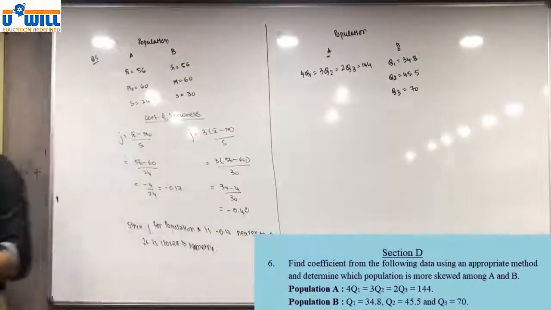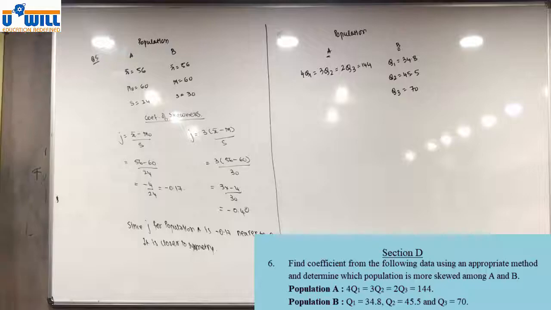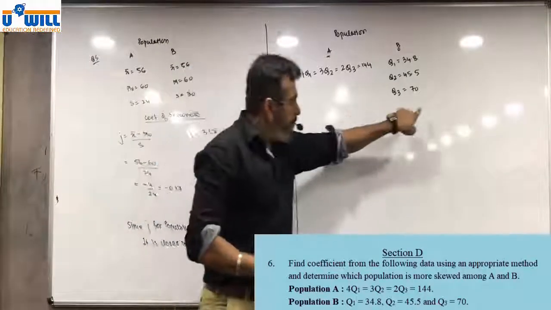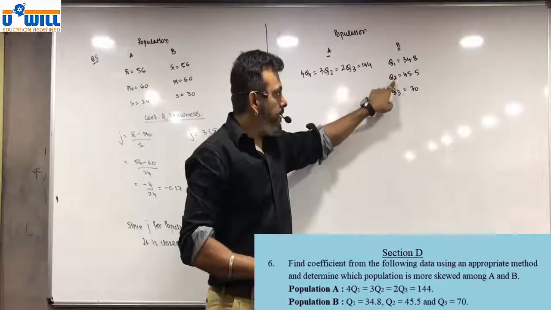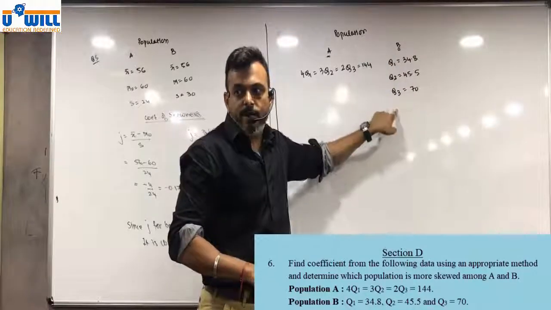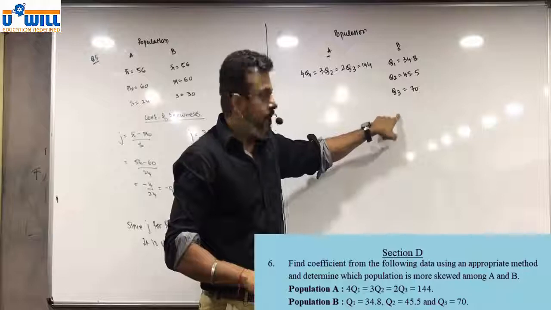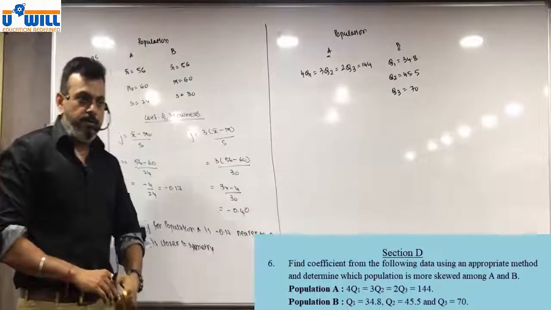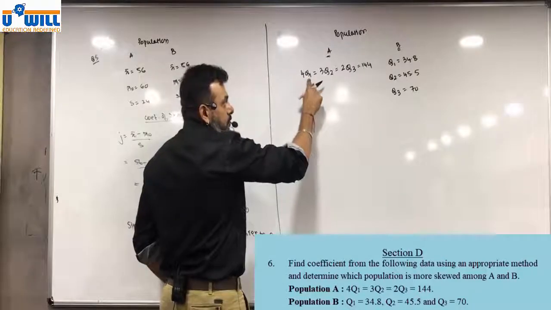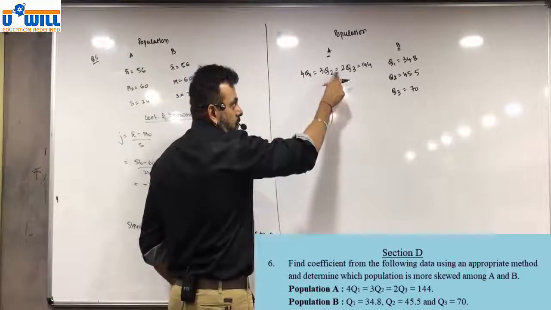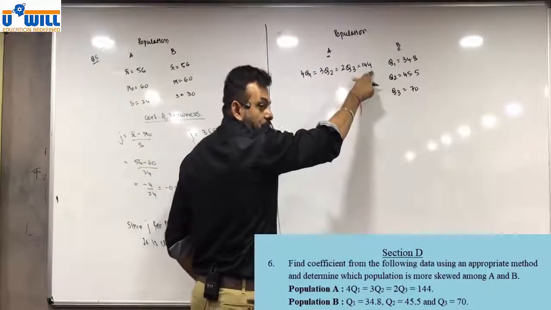Now, which method will we use? Pauli's method. Over here, finding the coefficient for B is very simple, because the median, quartile 1 and quartile 3 are already given. But for A we have to find them out. How? Very simple. 4 quartile 1 is equal to 3 quartile 2 is equal to 2 quartile 3 is equal to 144.